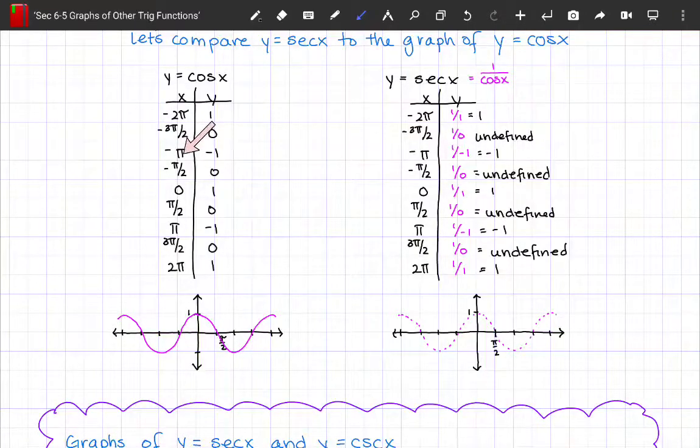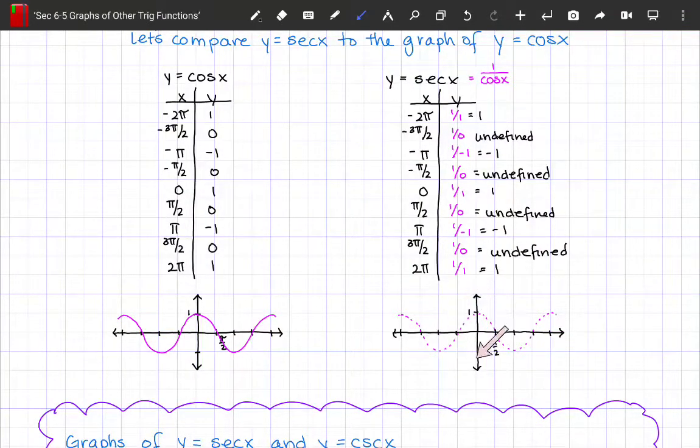At x equals negative pi, cosine is negative 1. So at x equals negative pi, secant is 1 over negative 1, which is negative 1. And then so on and so on. That's how I did the rest of this table. So I just took the reciprocal of all of these values. And everywhere that cosine was 0, secant's going to be 1 over 0, which makes it undefined.